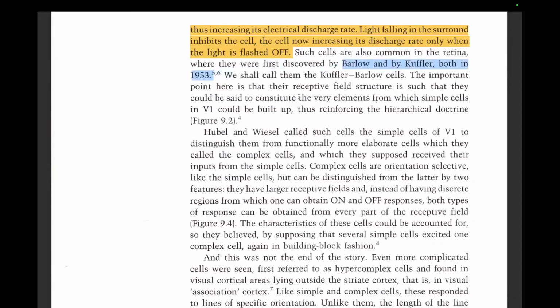Barlow and Kuffler. I think I've heard of these researchers, if I'm not mistaken. Let me quickly check.